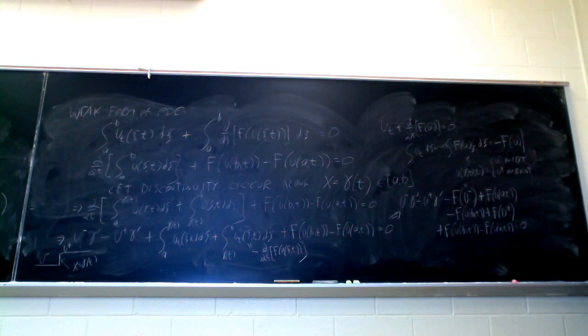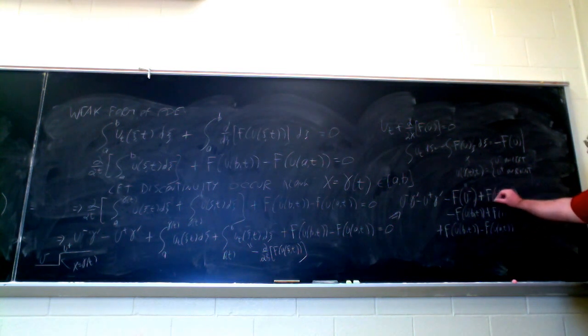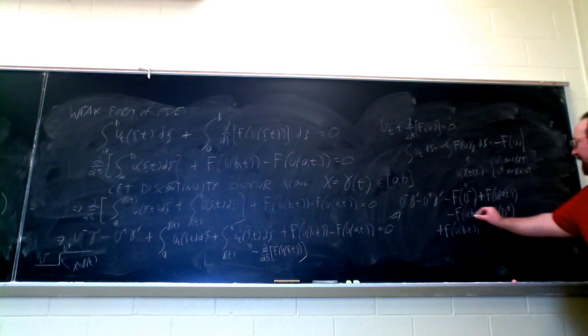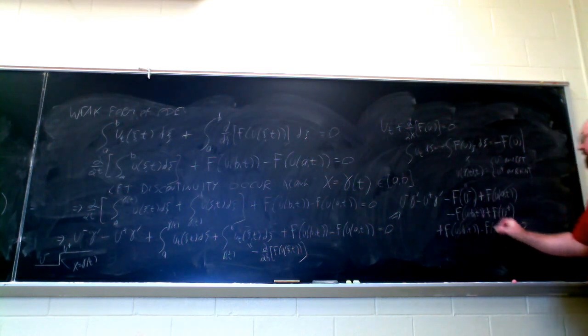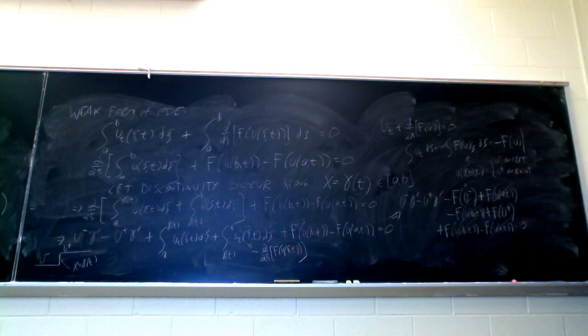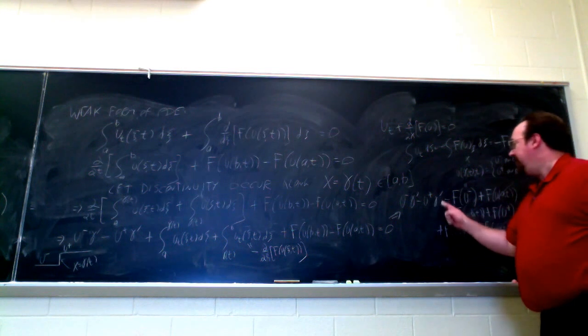Now, I can simplify some things. These cancel, and these cancel. So now what I can do is rearrange all this and solve for gamma prime.